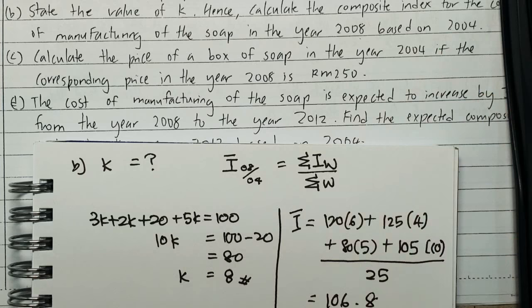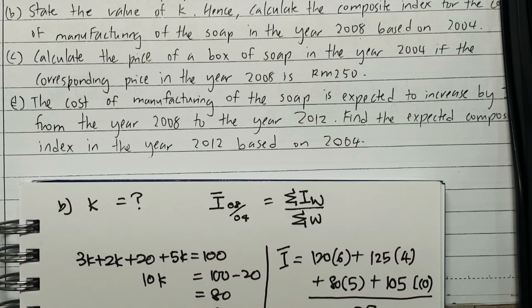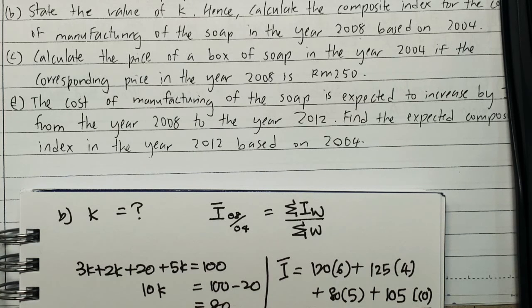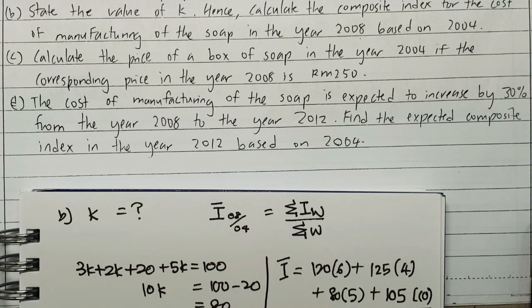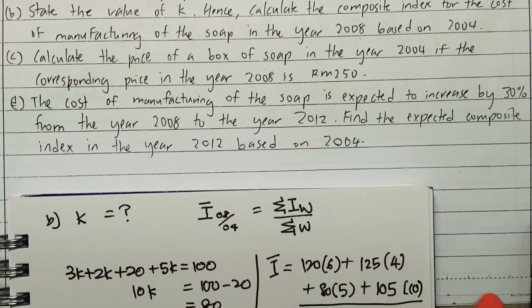Okay, next part. Now, part D, the cost of manufacturing the soap is expected to increase by 30% from the year 2008 to the year 2012. So find the expected composite index in the year 2012 based on the year 2004. How do we make use of this information? Now watch.